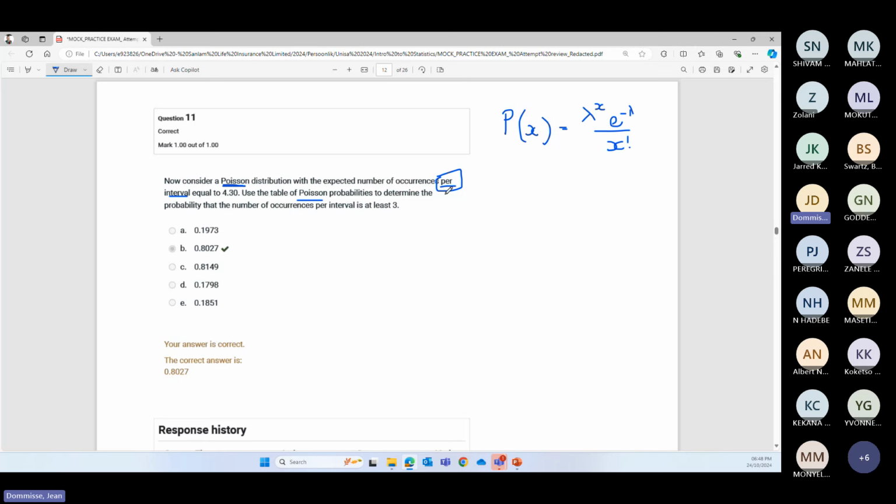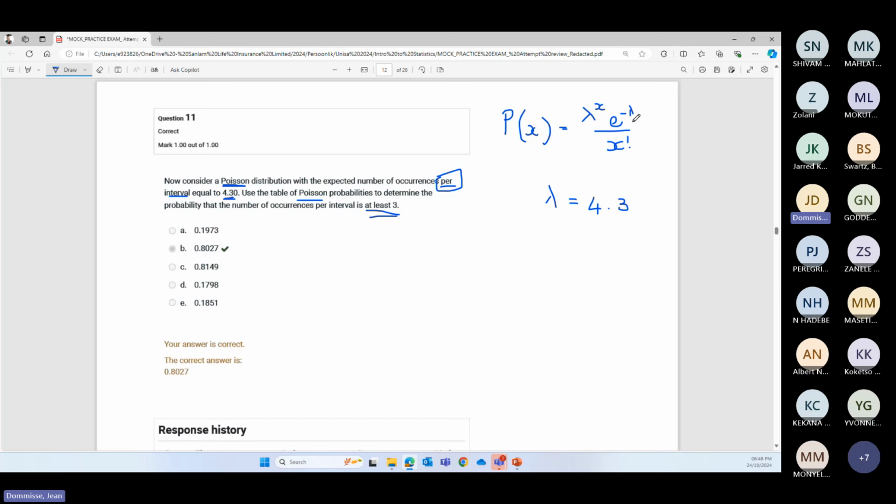Okay, so here they tell us that per interval is equal to 4.3. So we know that the lambda is 4.3. But now they will go to that level of at least.